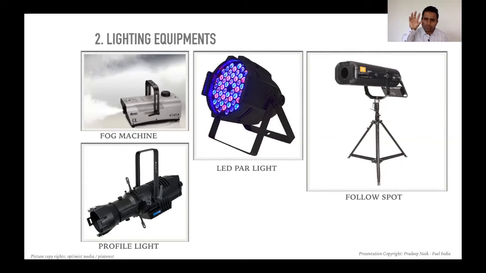Focus on the person who's performing, or the person who's talking, or anything for that matter. Used for fashion shows also. The main purpose is to highlight one particular object or a person, and bring the attention of people to that particular point, and automatically demystify the rest. So that's the purpose of follow spot.